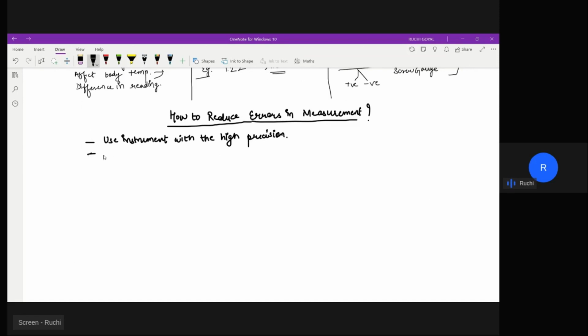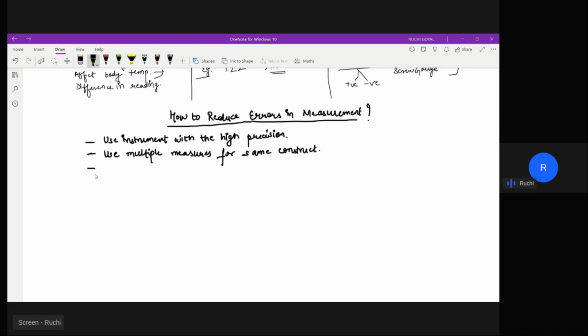Use multiple measures for the same construct, right?